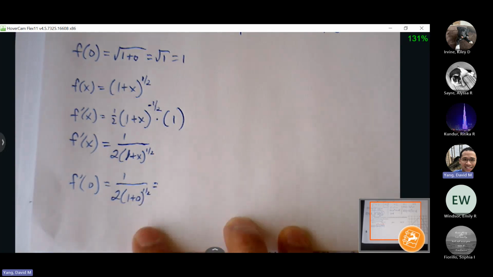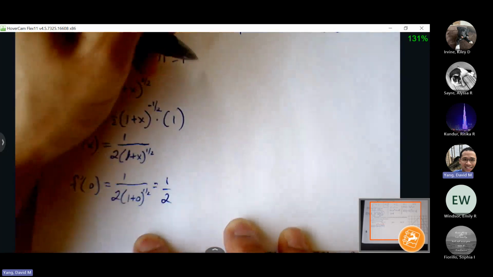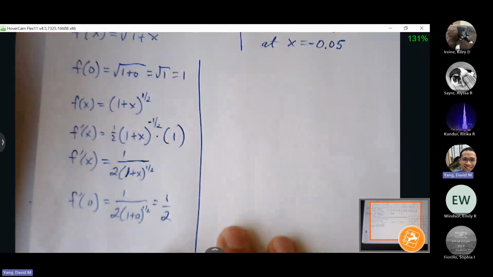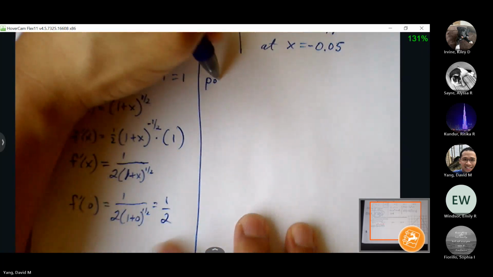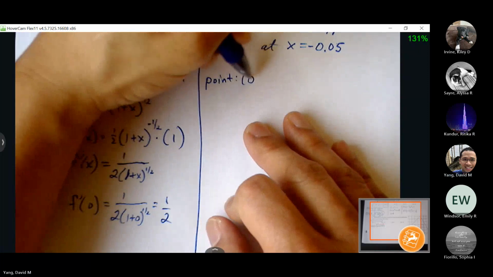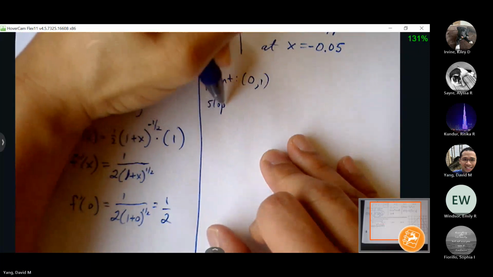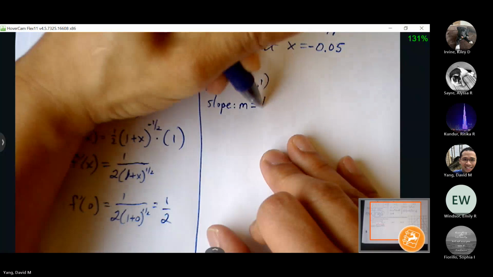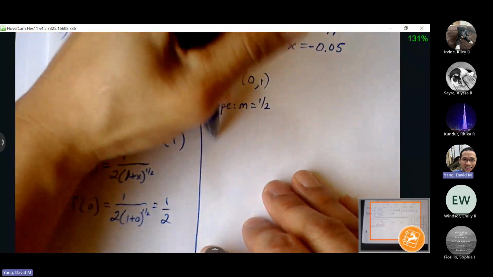Still 1, right? So my slope is just 1/2. All right, so let's build our tangent line equation. We have our point, we have our slope. Now point slope form.